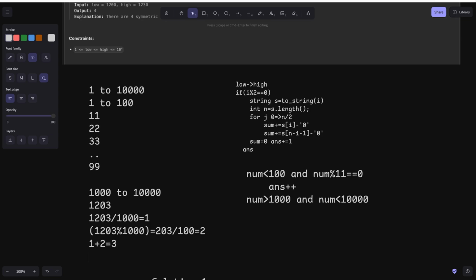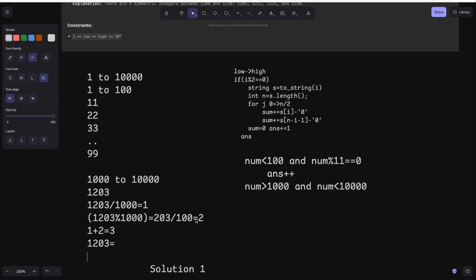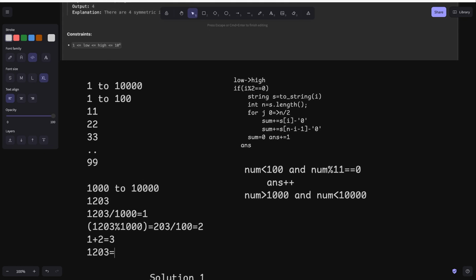Now we go to the next part, which is 1203. Now 1203, we want 03 from this side. So what we will do? We will do 1203 remainder with 100, and divide by 10, and we would add our 1203 remainder with 10.